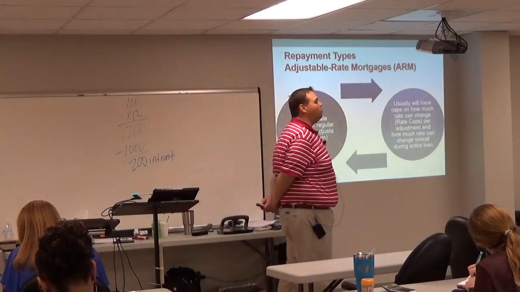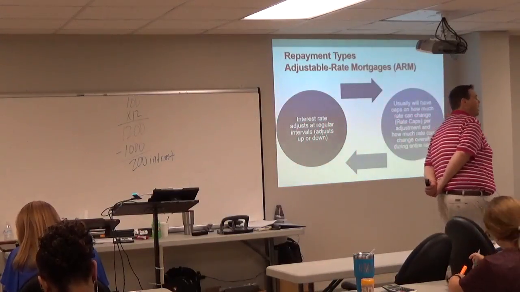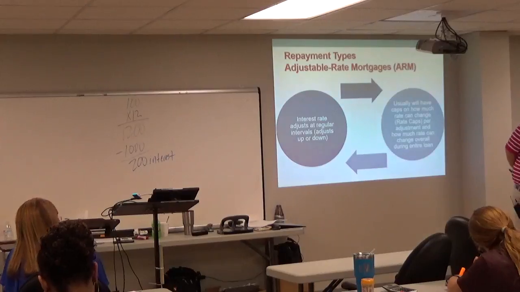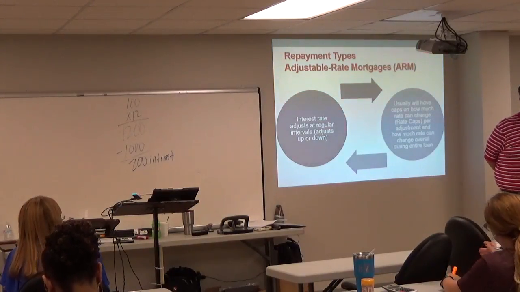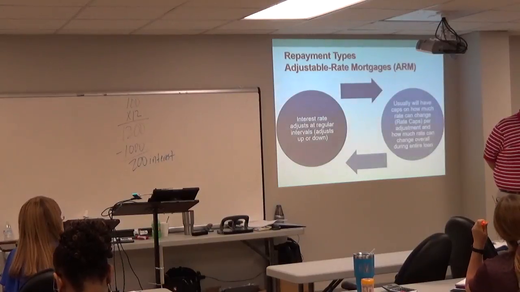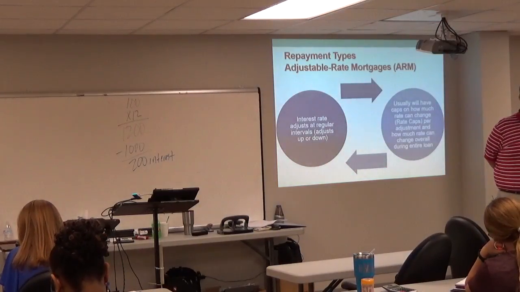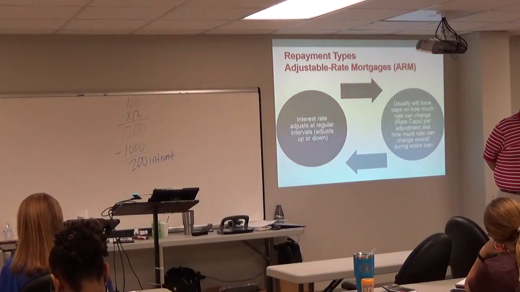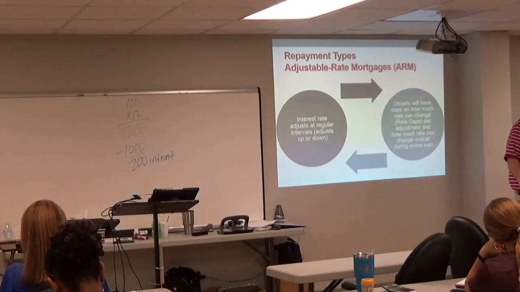If a borrower has an opportunity to get a fixed rate mortgage, they would never choose an adjustable rate instead of a fixed rate unless the adjustable rate had a much lower what? Interest rate. That initial interest rate would have to be a lot lower to entice somebody to go after the adjustable rate note.